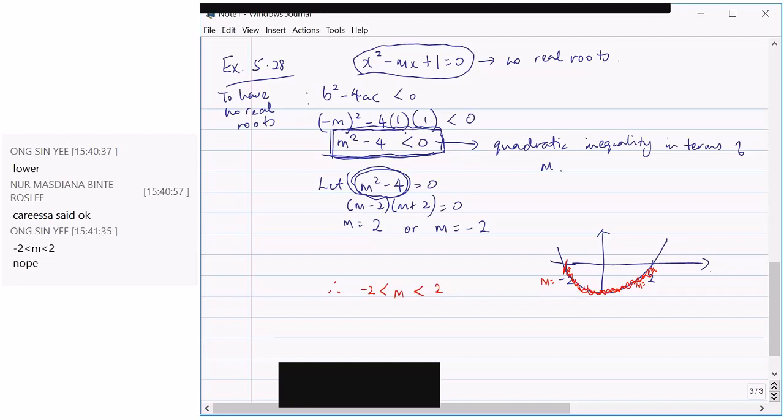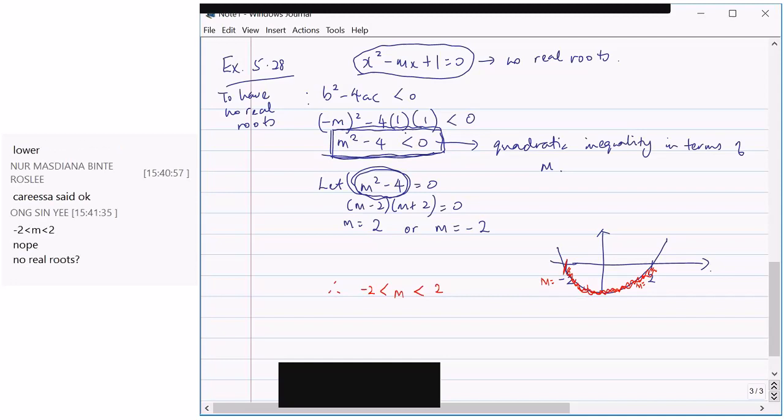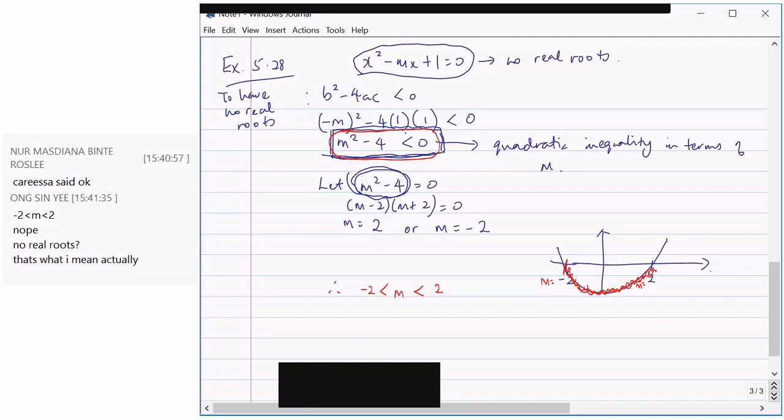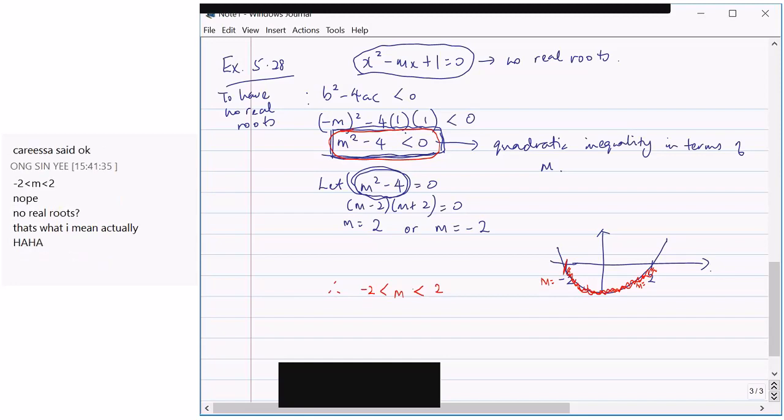Why not? Nope, because you always go back to your inequality. Remember, there's no equal sign here. So here no equal sign, my answer also no equal sign. So this is my answer.